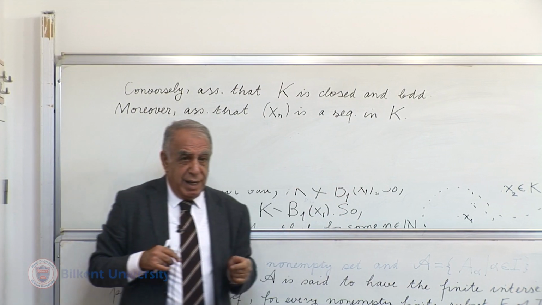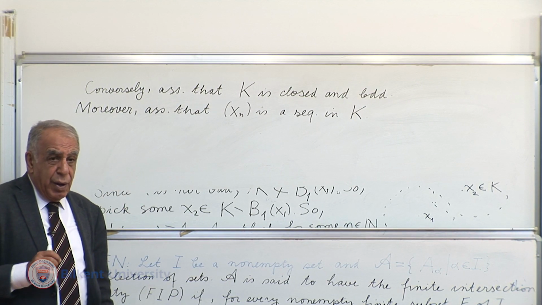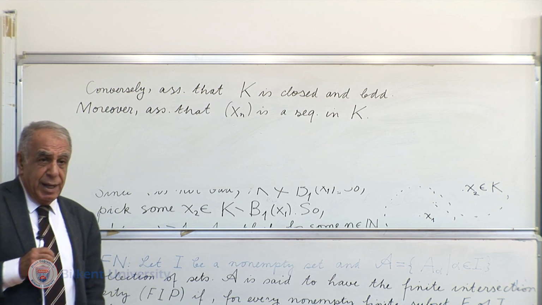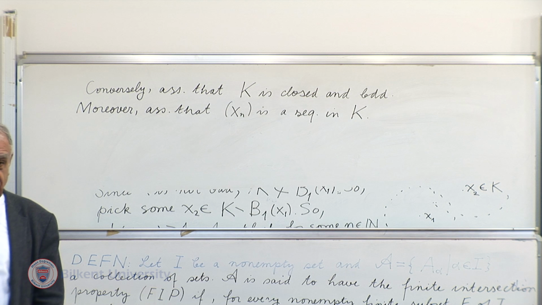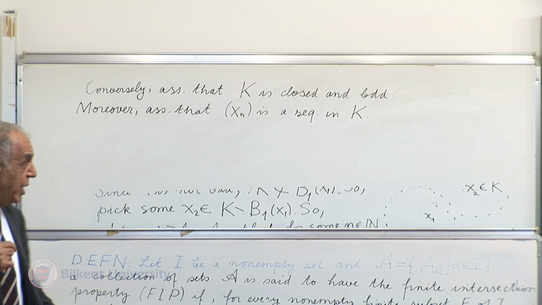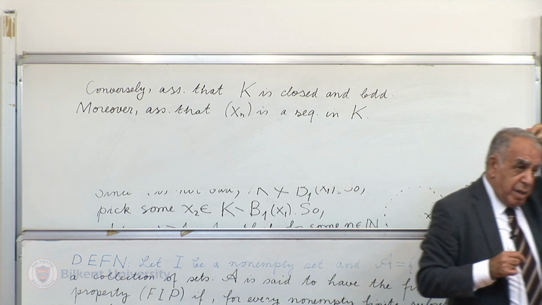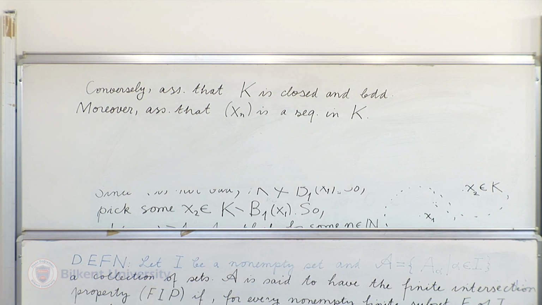But here, assume that Xn is a sequence in K. Now, if we use the characterization in 2, we should show that Xn has a convergent subsequence whose limit belongs to K. Well, in general, K being closed and bounded does not imply, in a metric space, that any such sequence will have a convergent subsequence.